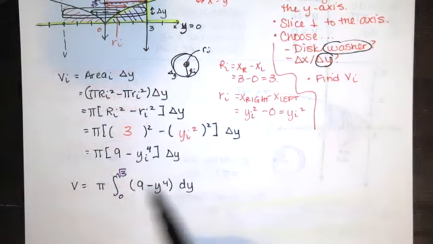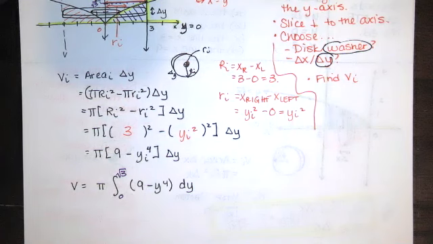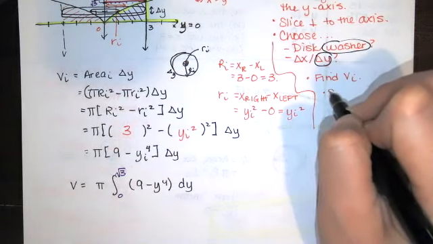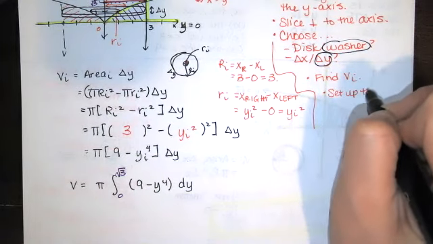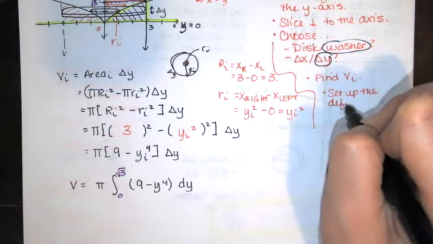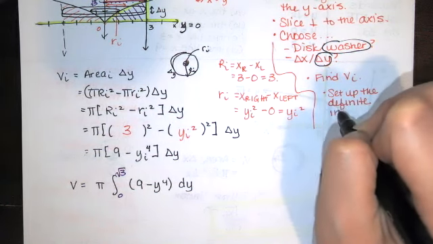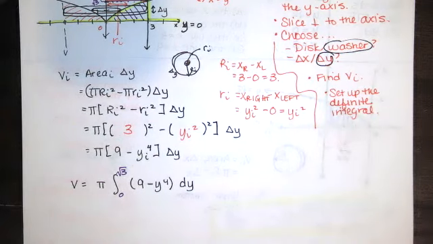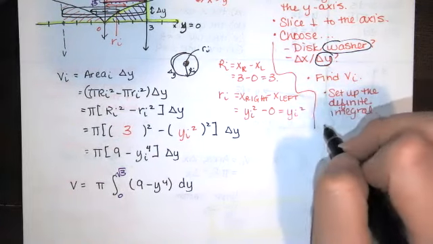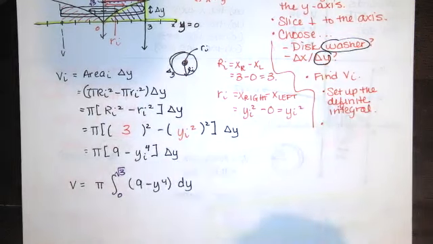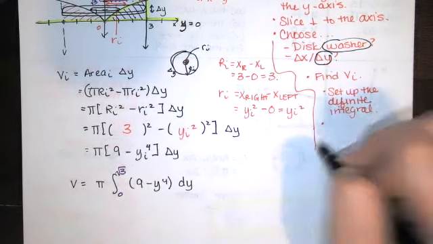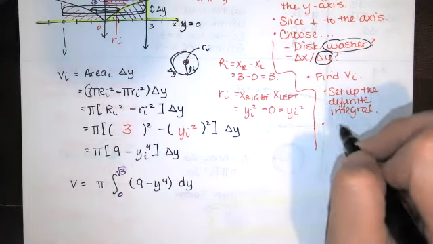And then if we add up those volumes and take the limit as delta y approaches 0, or as the number of washers goes to infinity, we set up the appropriate definite integral. And now we just want to use the power rule to anti-differentiate and then use the fundamental theorem of calculus to compute the value of the definite integral.